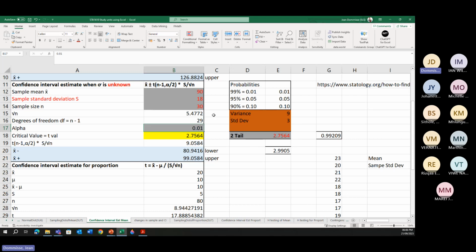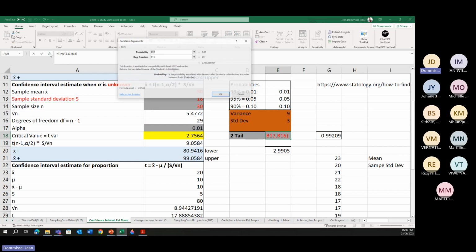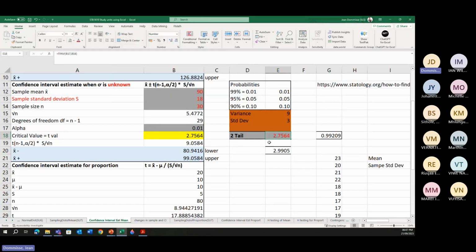So it will automatically take the alpha in that formula and divide it by 2. Okay, so you must please not in the formula make that 0.0005, because then it's seeing it as 0.001 alpha. So Excel automatically already divides it by 2 for the two-tail.